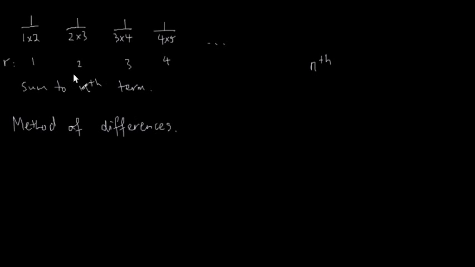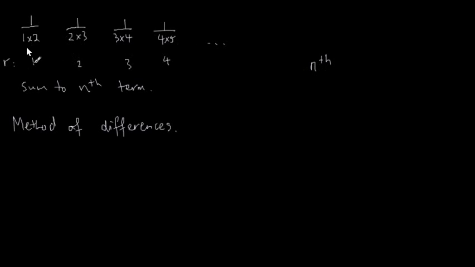Okay, so now in order to carry on, I must first find an expression for the nth term. And to do that, of course, I need to look for a pattern from term to term.